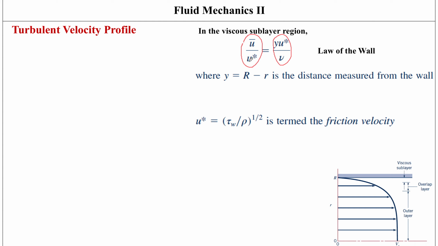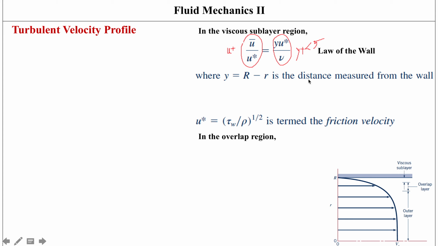Usually this side of the expression is denoted by something called u plus, and this side of the expression is denoted by something called y plus. This expression is only valid for a y plus value of 5 or less. We're going to look at that in a second in a graph.